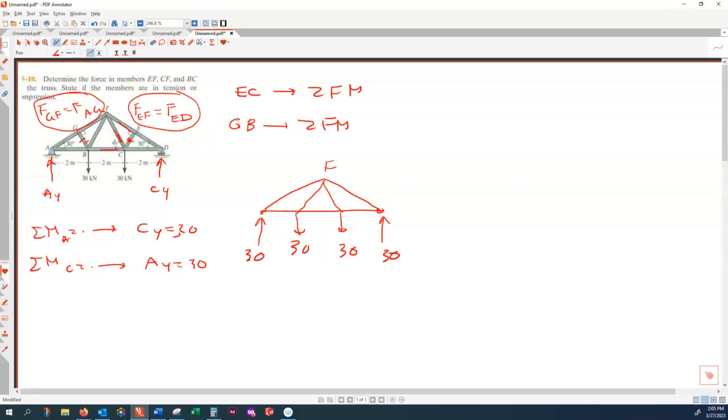CF, and BC. So I make my section here, and then either the left-hand side or right-hand side, both of them are solvable. So then my free body diagram would look like this one.